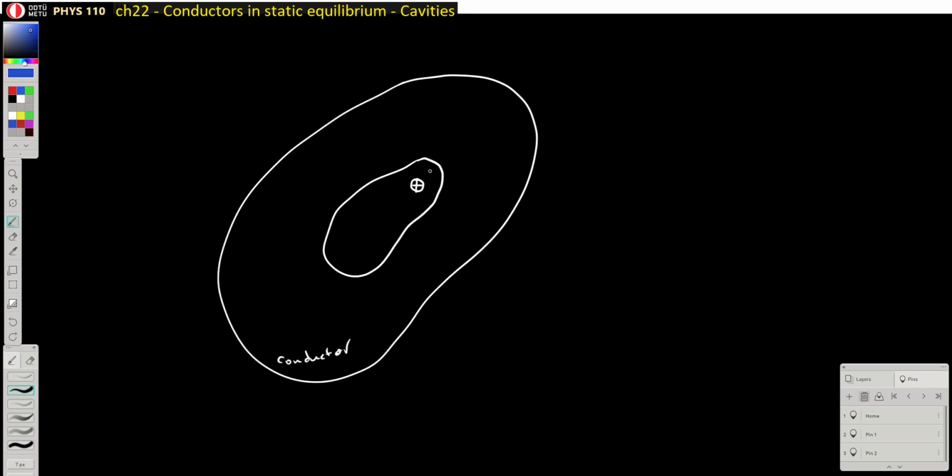This positive charge produces electric field lines like this. I'm just going to draw only a few, which means there will be an electric field inside the conductor now, and so the negative charge carriers here will be accelerated towards the positive charge. But of course they cannot be accelerated forever because they have to get stuck at the surface somehow, right? So there will be a collection of negative charges at the surface here.